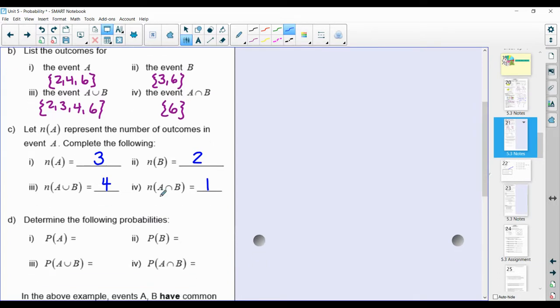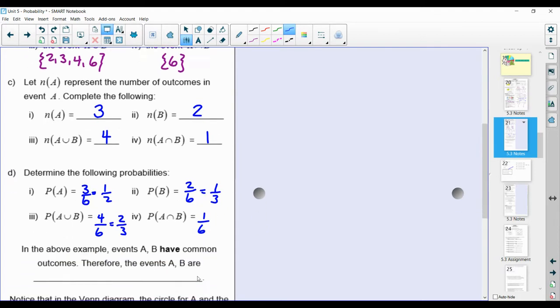For the probabilities, for event A there are 3 out of 6, which is 1/2. For event B, there are 2 out of 6, which is 1/3. A or B is 4 out of 6, which is 2/3. And the probability of A and B is 1 out of 6.